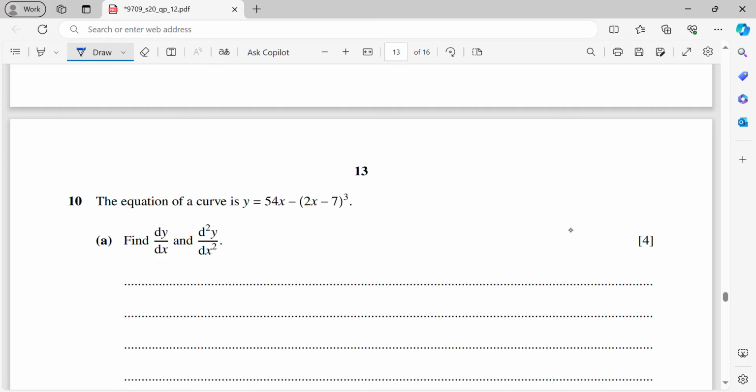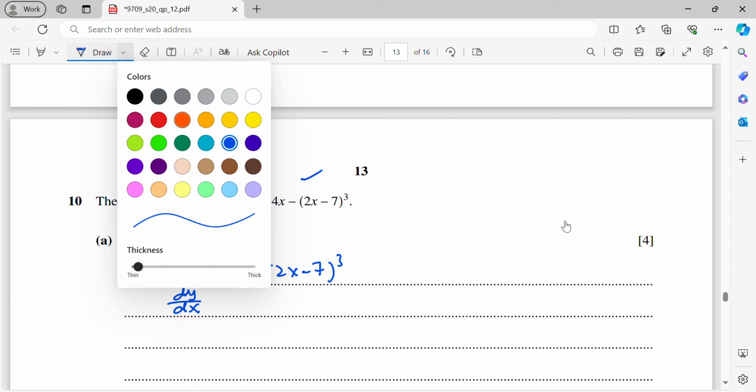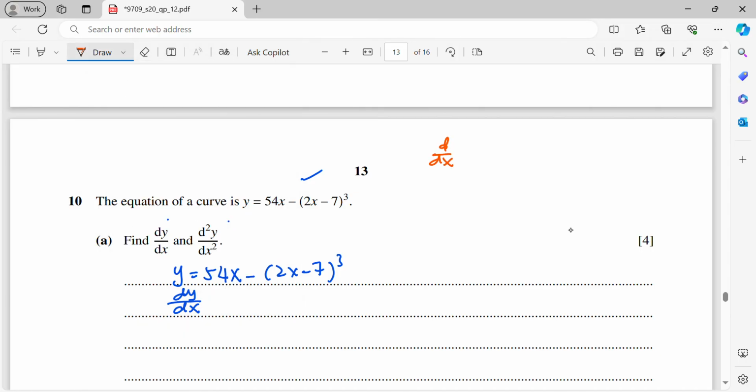Now for question number 10, given the curve equation, find dy/dx and the second derivative. So your y is 54 minus (2x minus 7) cubed. So for my dy/dx, we have a formula over here. Differentiate f(x) to the power n: that is n times f(x) to the power of n minus 1, and then multiply by the derivative f prime(x).